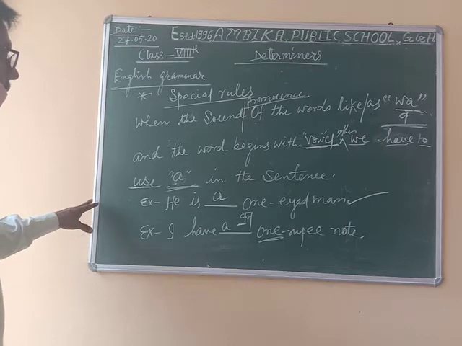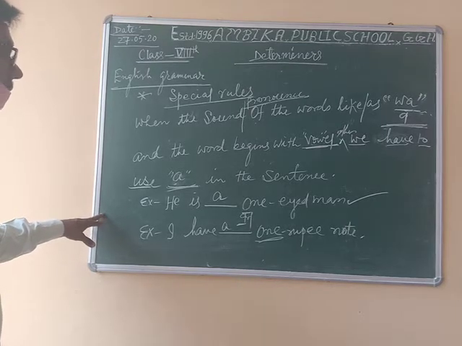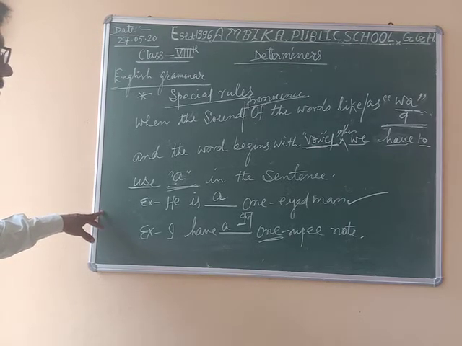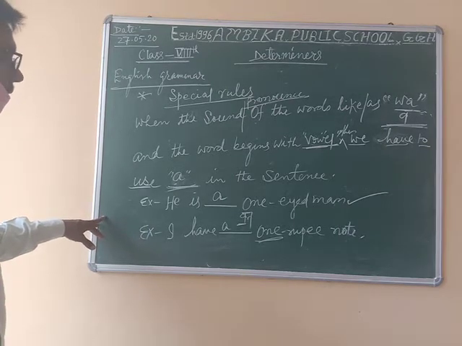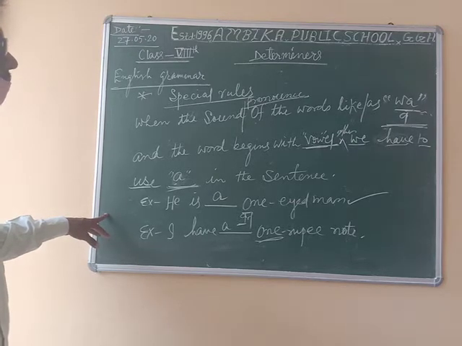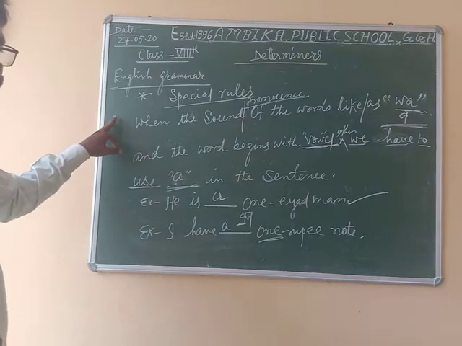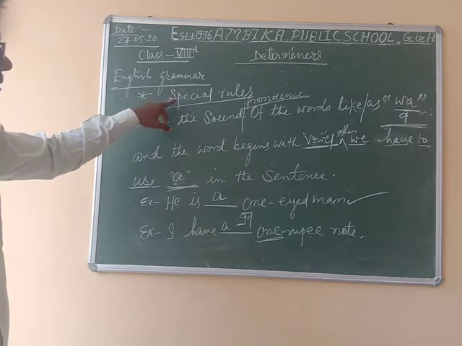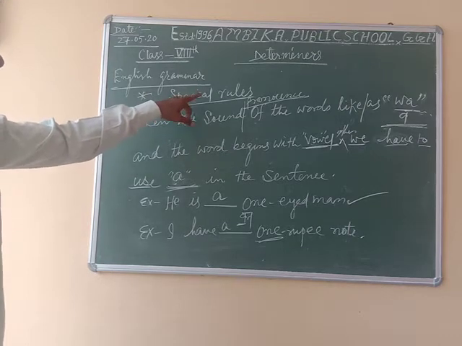And I think once you understand it accurately, once you read it nicely, no problem will be raised in determiners, particularly in articles. These are not simple rules, these are special ones, so I have written here special rules.